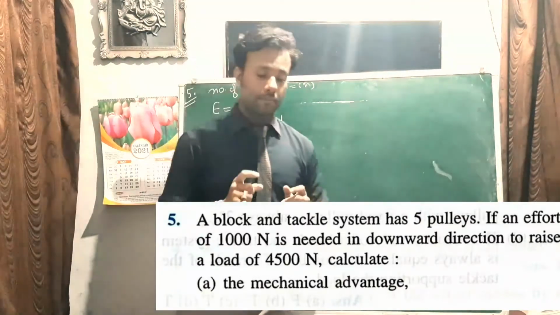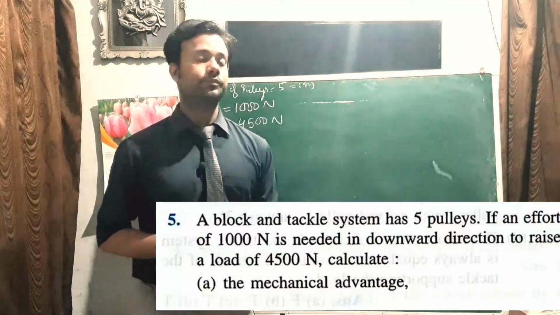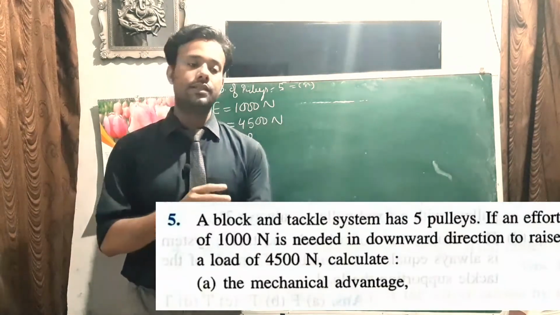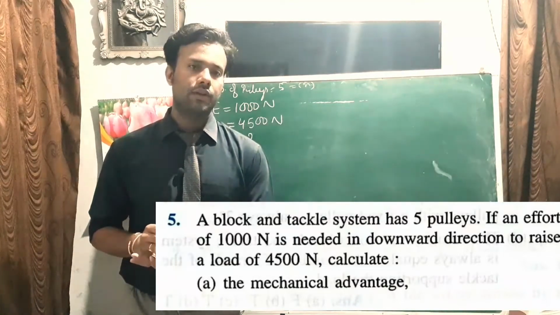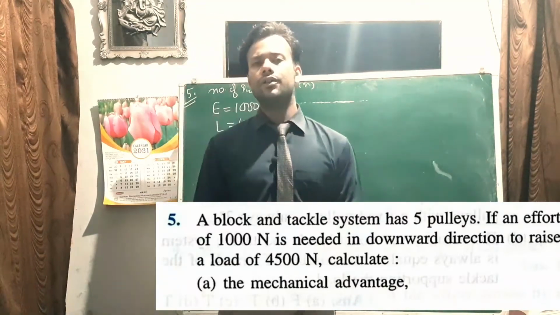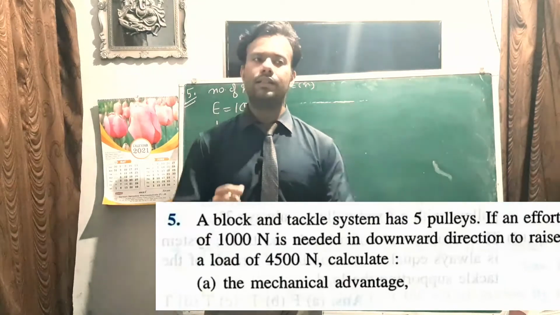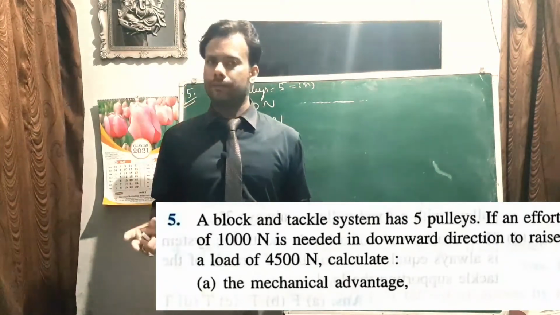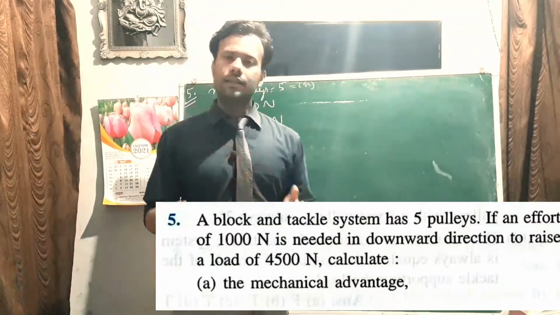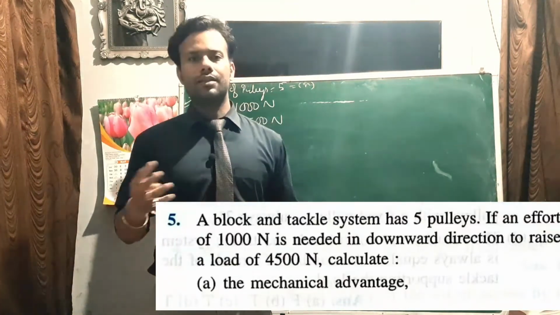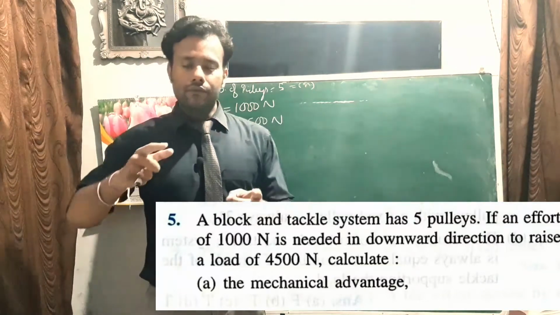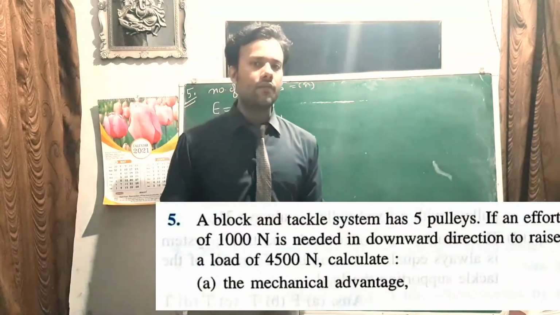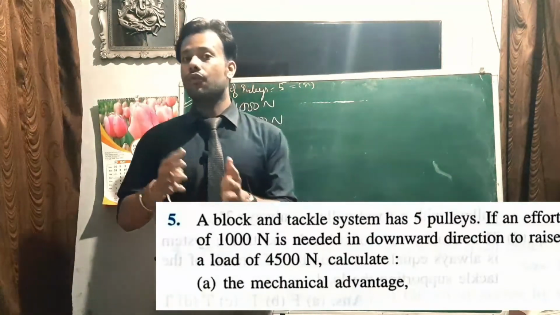Now remember I also told you that this is a theoretical case, this is an ideal case, because we have assumed in the ideal case that there is no friction between the axle and the pulley, right? And the masses of pulleys are negligible. If these conditions are applied, then only the mechanical advantage will be equal to the number of pulleys.